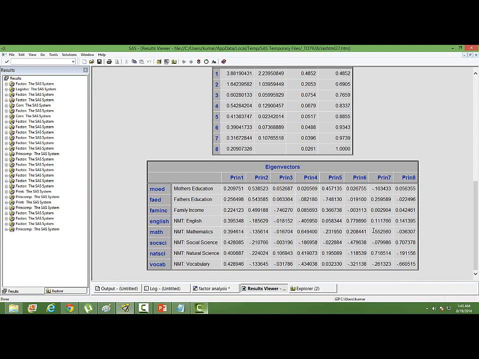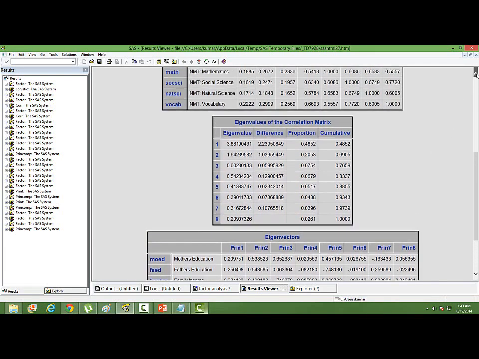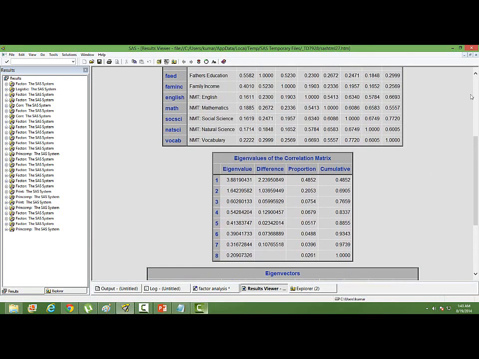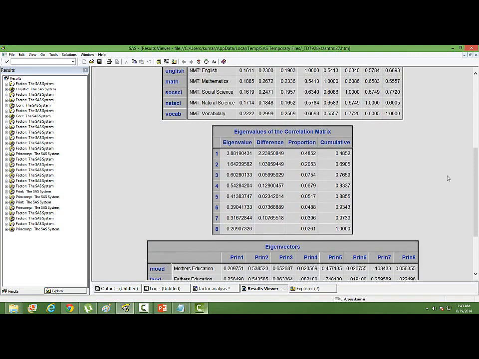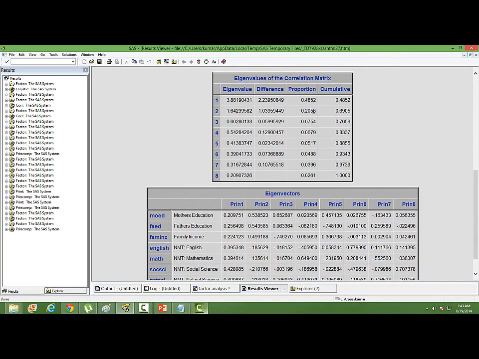First look at the eigenvalue matrix. The first eigenvalue is 3.88 and the second one is 1.64, but all the other eigenvalues are less than 1.